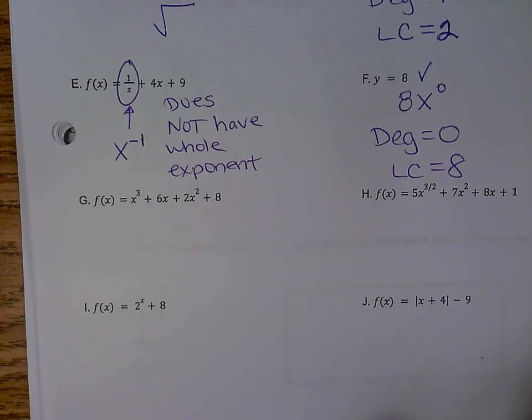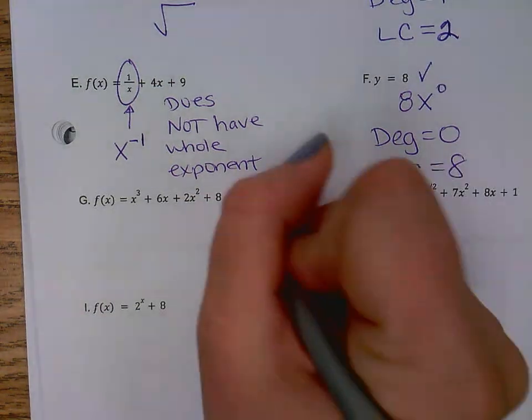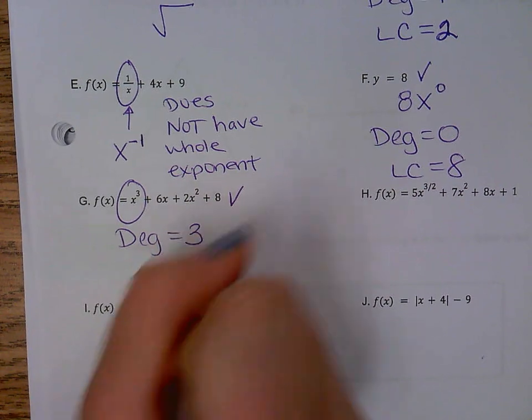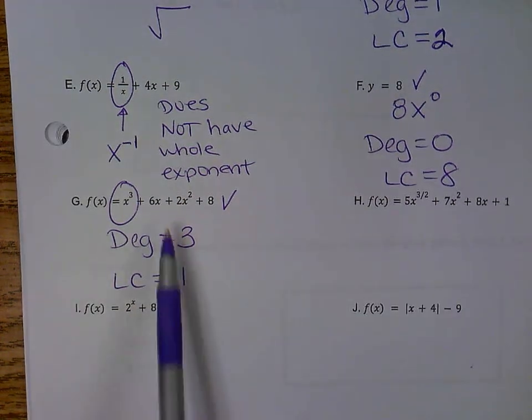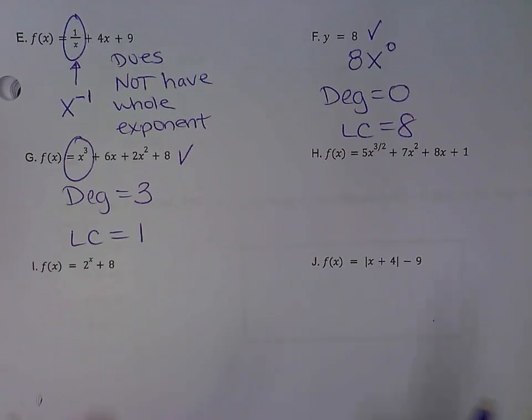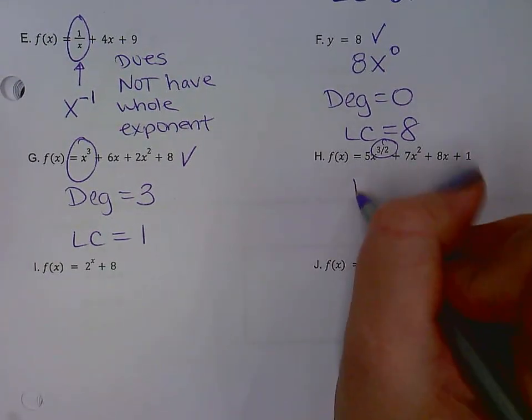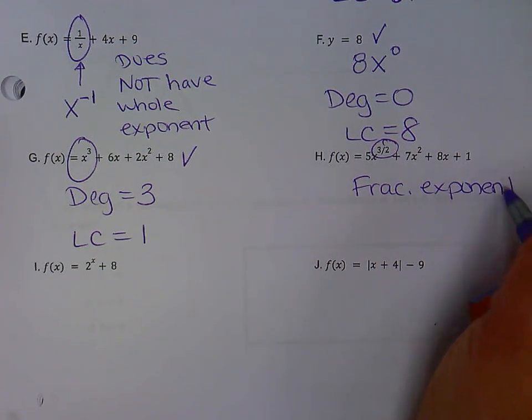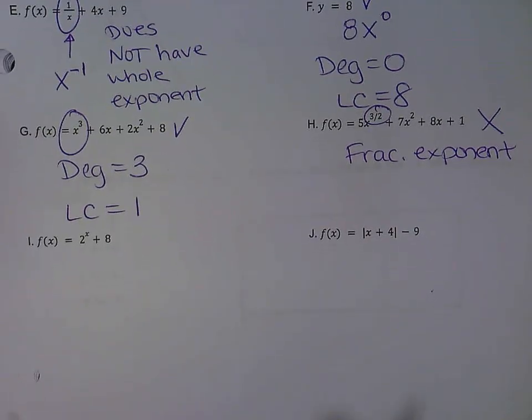G is okay. This is my leading term. So my degree is 3 and my leading coefficient is 1. I just need the biggest power. Why does H fail? It has a fraction in the exponent. So nope. This is not.